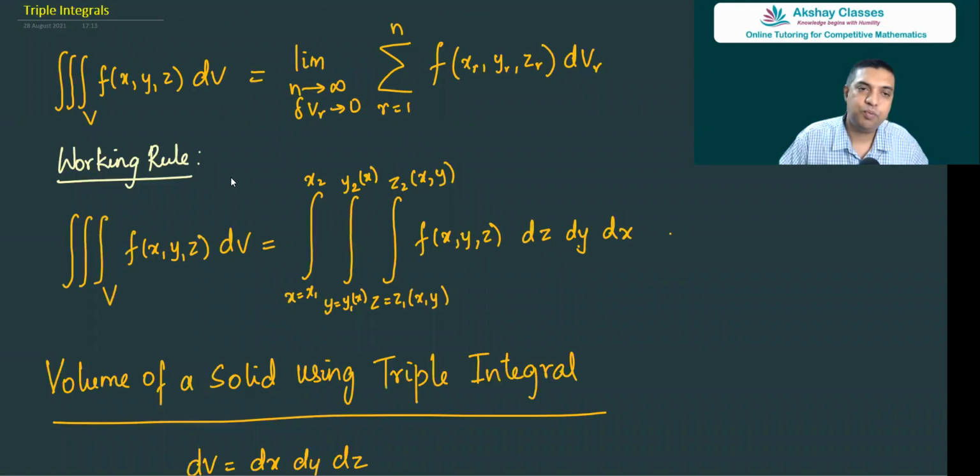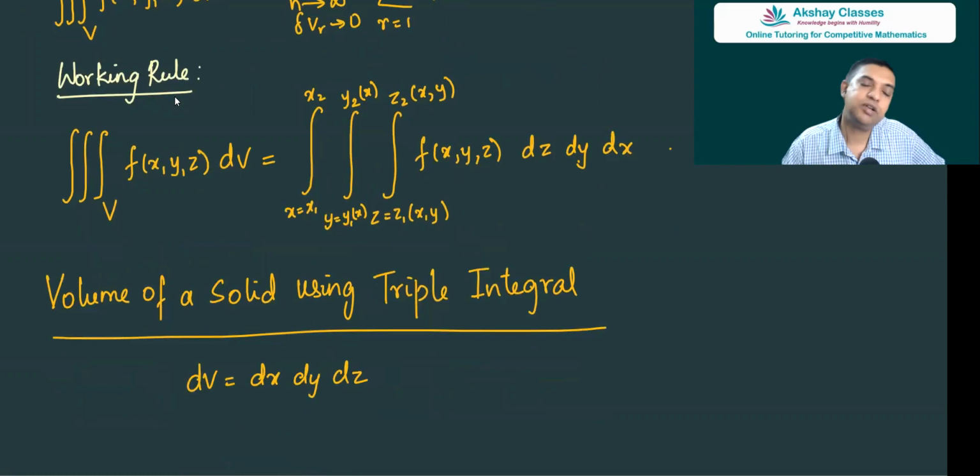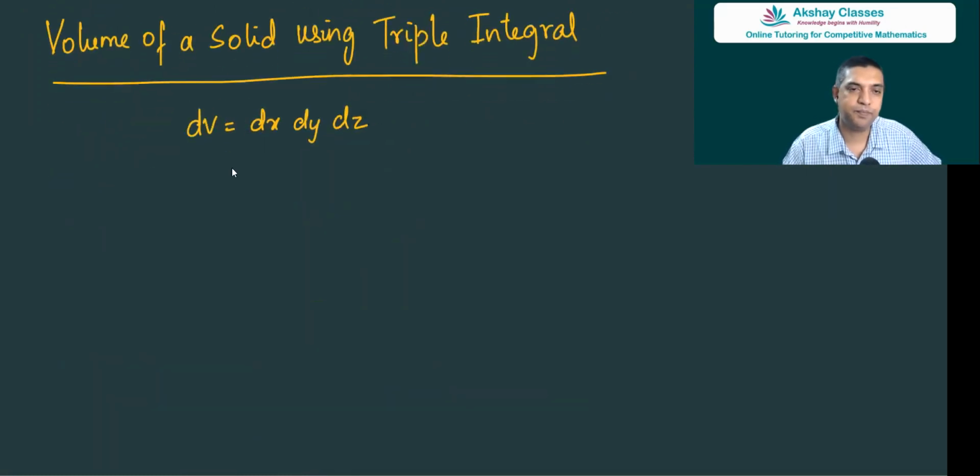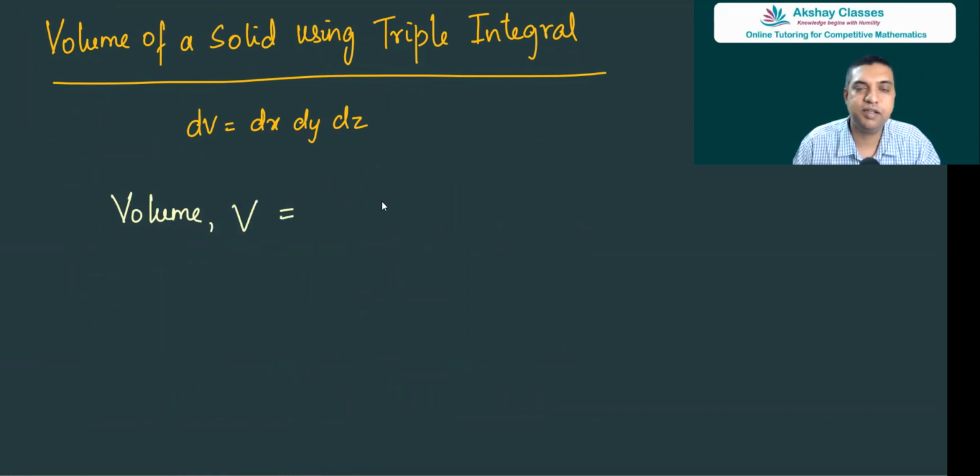If you put f of x comma y comma z dv, then it is volume times some other dimension, so the dimension will go greater than the volume. So this itself is the volume element. So to find the volume, we take the volume element dv and integrate that dv. So we can write this as 1 times dv and integrate with respect to the volume.